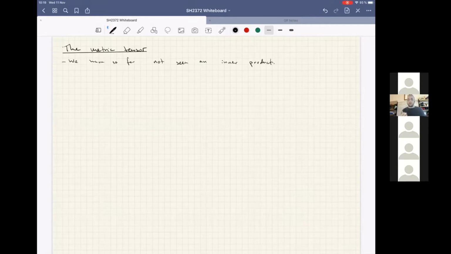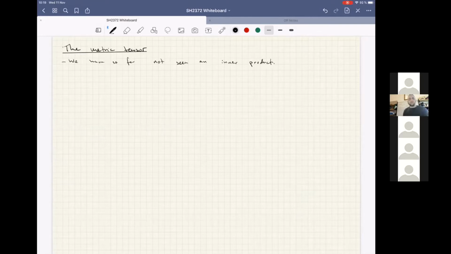In general, an inner product, if you look at the Euclidean space, is a map that takes two vectors and returns a number. And that number, if you take the inner product of a vector with itself, is the length squared of the vector. If you take it between two vectors, it's the product of the lengths multiplied by the cosine of the angle between the vectors.